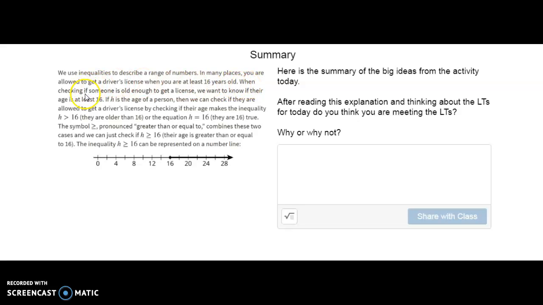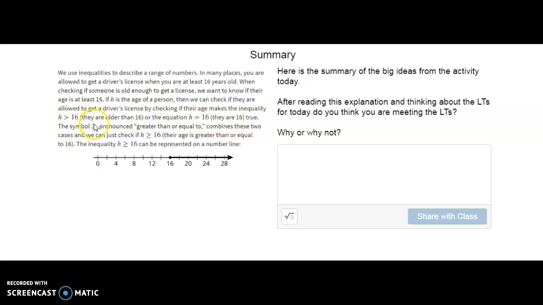When checking if someone is old enough to get a license, we want to know if their age is at least 16. If h is the age of a person, then we can check if they are allowed to get a driver's license by checking if their age makes the inequality h is greater than 16, they're older than 16, or the equation h equals 16, they are 16, true.